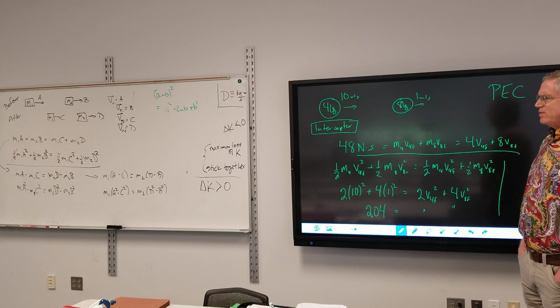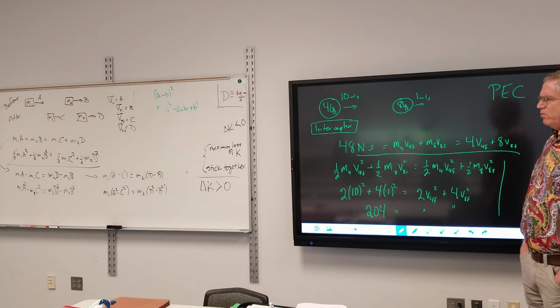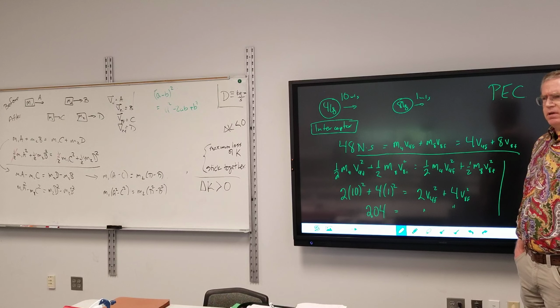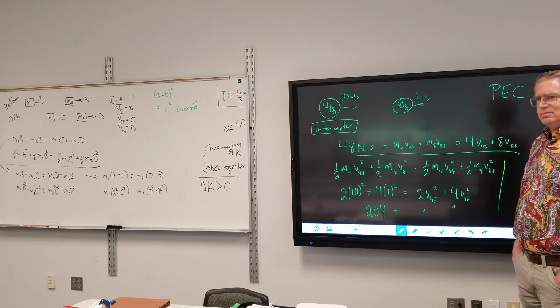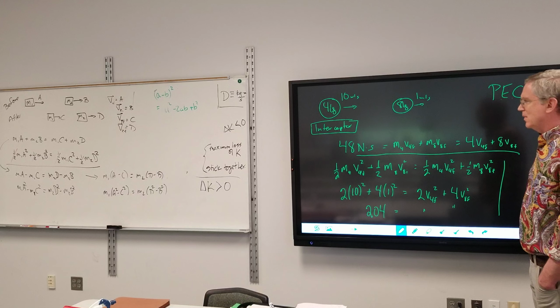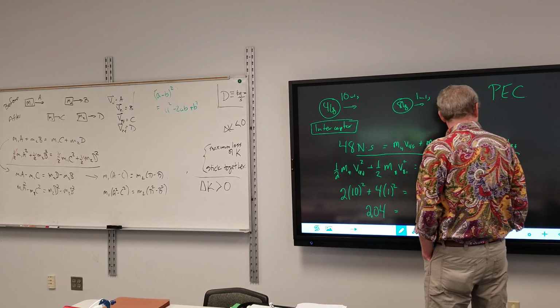I want to factor that second one again. How do you factor A squared minus C squared? How do you factor a difference of perfect squares?